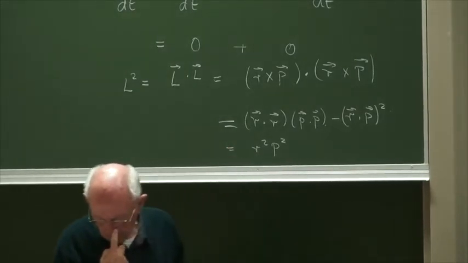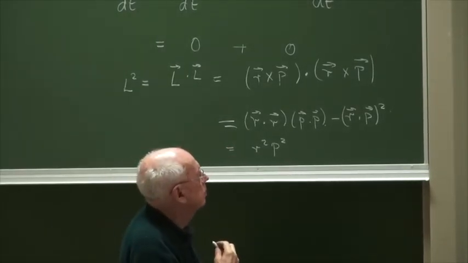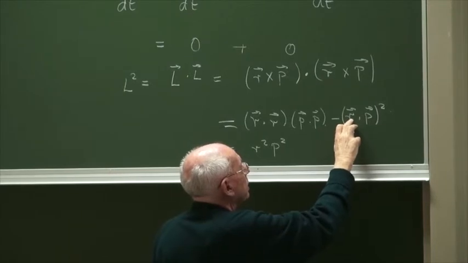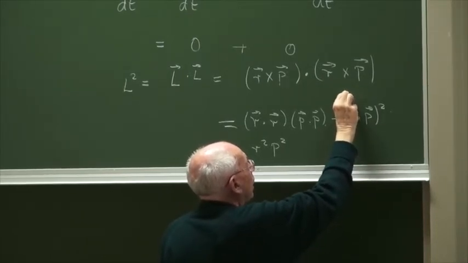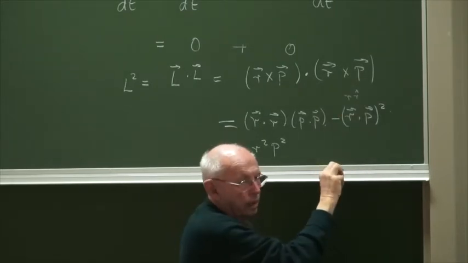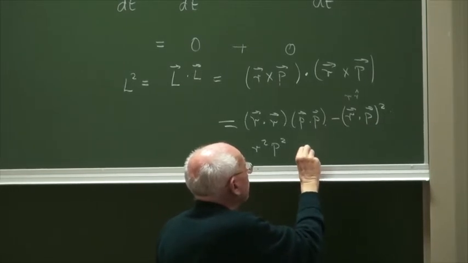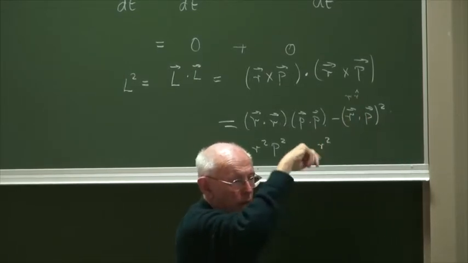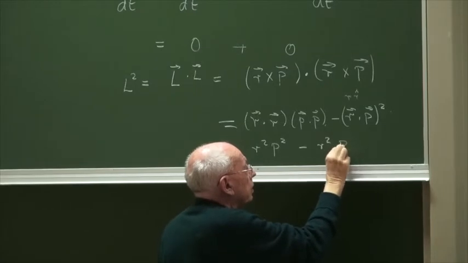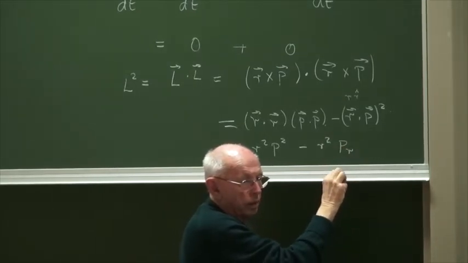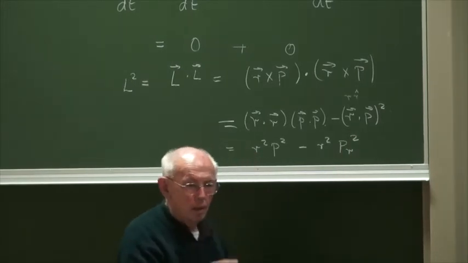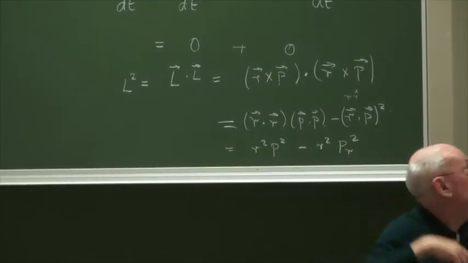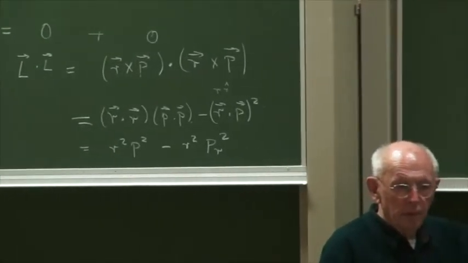And this thing I write now as R times R, so then I get R squared, and R dot P with the direction just tells me that's the R component of P. So if I take the R component, I look at P and I divide it up into an R component, a theta component, and a phi component.